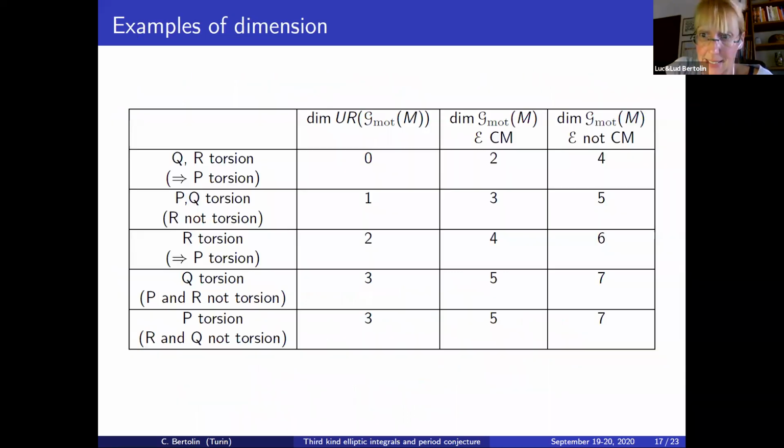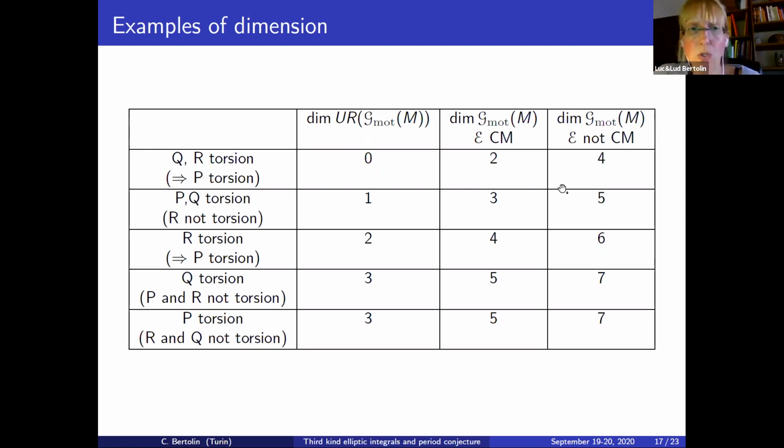In this table, I summarize all the dimensions that the unipotent radical of M can have, and the dimension of the unipotent group of M, depending on whether the elliptic curve is CM or not CM. So you see, if Q, R and so P are torsion, the unipotent radical is dimension 0, and the motivic group can be 2 or 3.